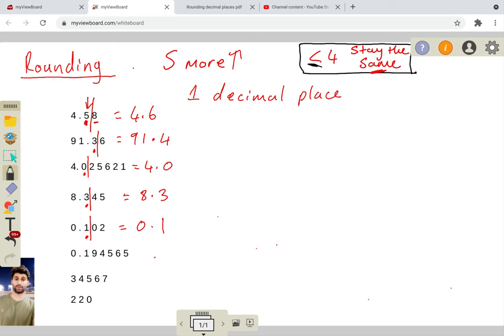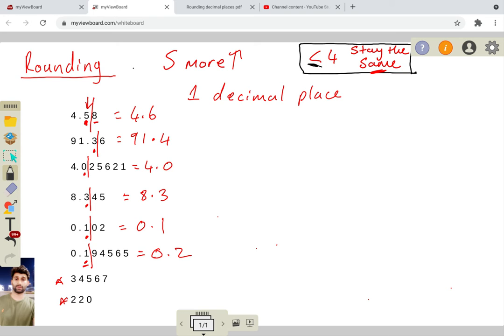Next, one decimal place, one number after a decimal. Draw a line. Is the number next to the line 5 or more? Yes, it is. So this 1 turns to 2, 0.2. Now these two, as you can see, there's no decimal in the numbers, so we can't round these to one decimal place. Okay, so that's one decimal place.